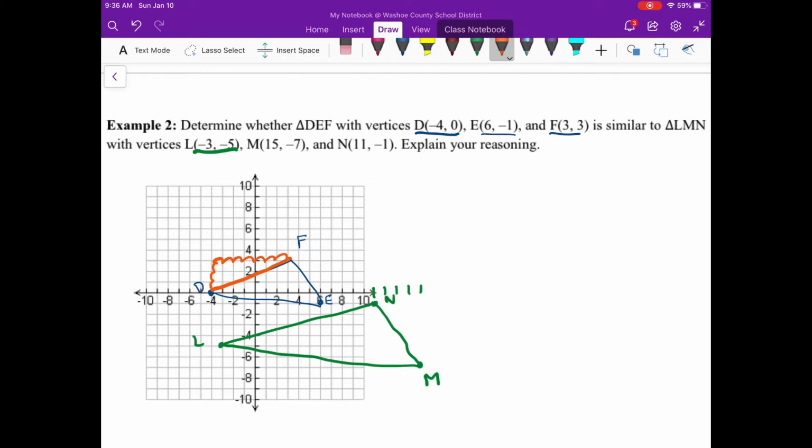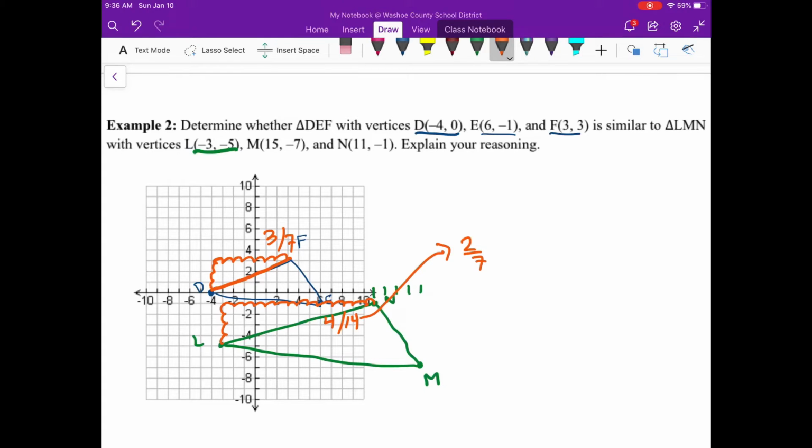So here I have rise 1, 2, 3, run 1, 2, 3, 4, 5, 6, 7. So 3/7. And then for the side that would be corresponding to the green one, I would be LM. So my rise here would be 1, 2, 3, 4. And run is 1, 2, 3, 4, 5, 6, 7, 8, 9, 10, 11, 12, 13, 14. So 4 over 14.